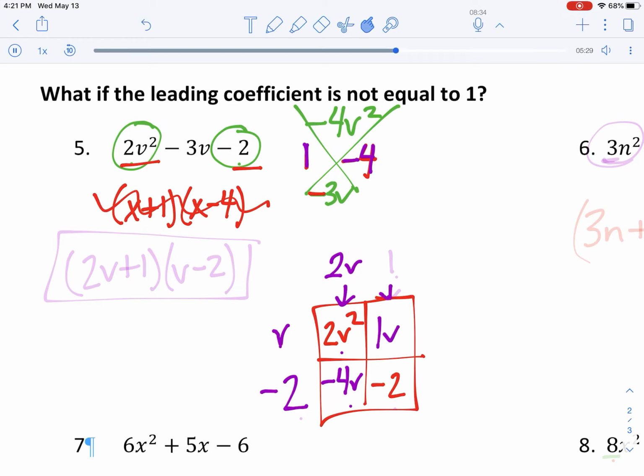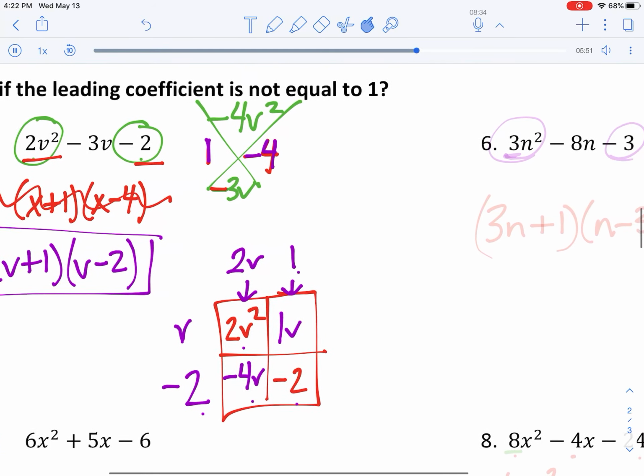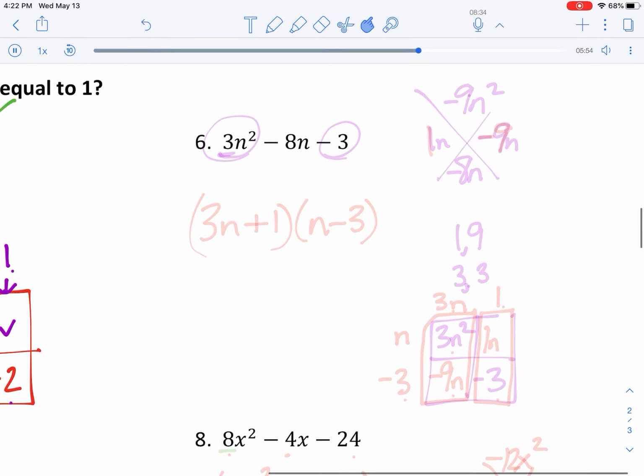What's going to go in the missing blank? Well, common factor is just going to be 1, because 1 times v is 1v, and 1 times negative 2 is negative 2. So that's what gives us the factors. My first factor is 2v plus 1. And my second factor, reading down, is going to be v minus 2. And that's completely factored. It's pretty tricky, so let's take a look at one more.